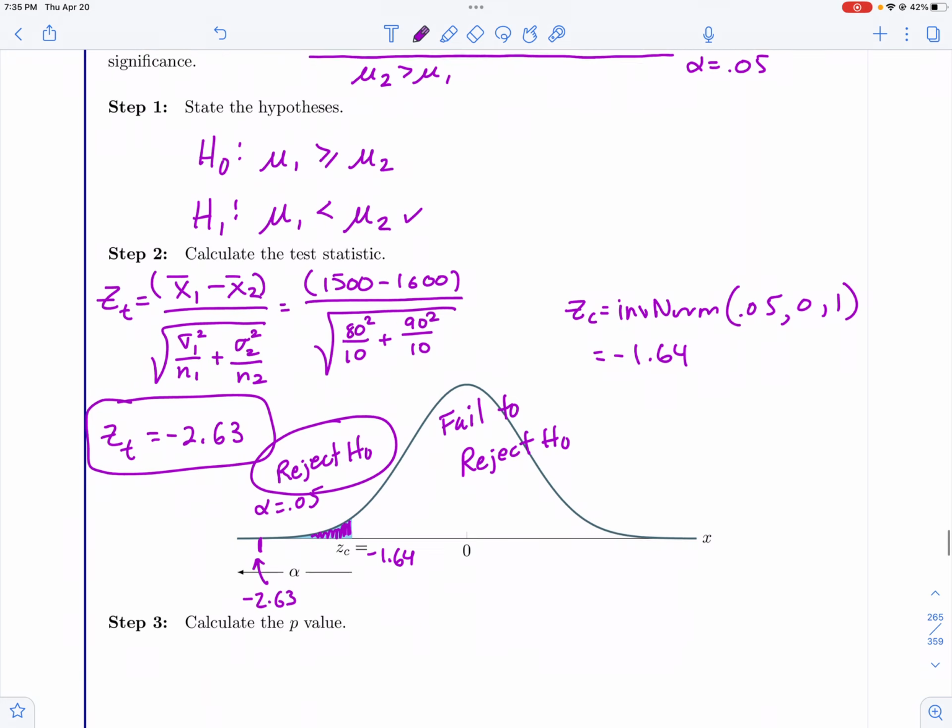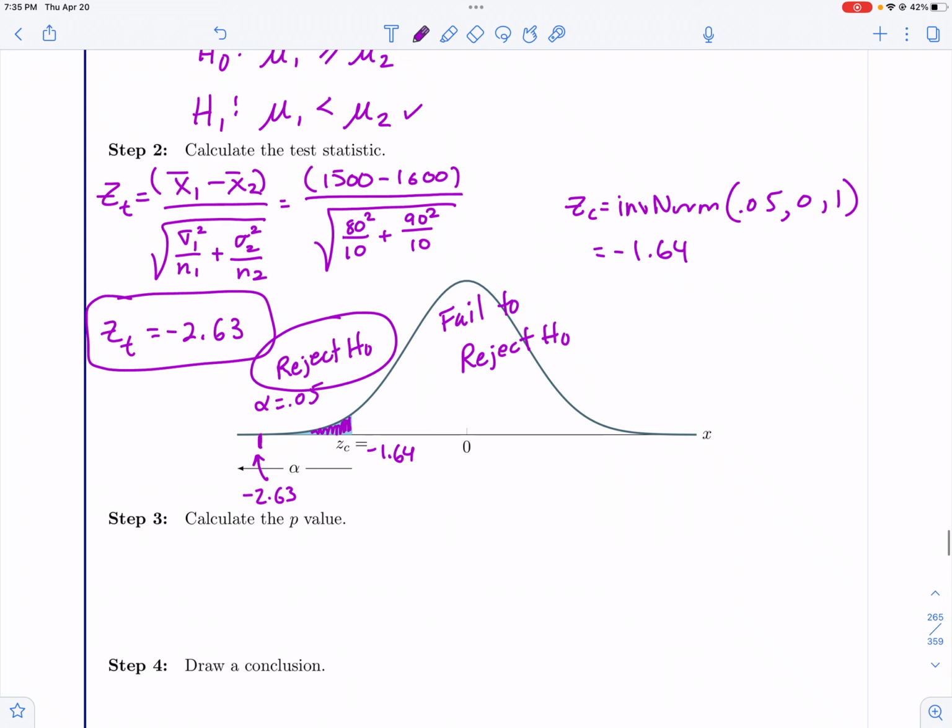So now to verify that, let's go ahead and do our p-value. We're looking at normal CDF. With this one, since it's shaded to the left-hand side, our z sub t is going to be the upper bound. And so we need some ridiculously small number for our lower bound, then negative 2.63, and then our 0, comma 1 again.